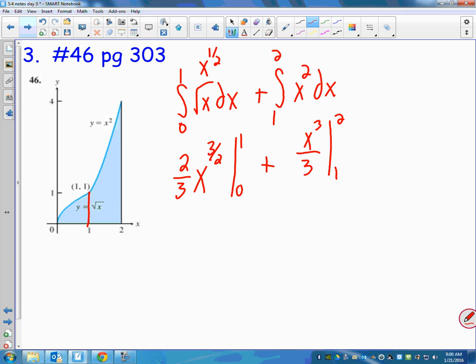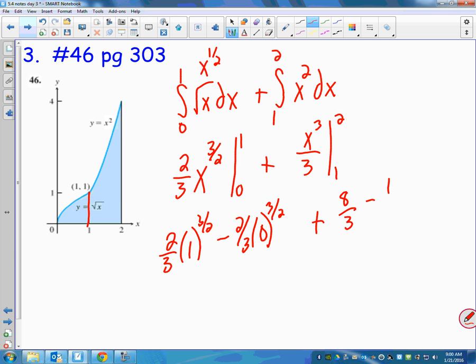So now if I plug that in, I'm just going to get 2/3 minus 0 plus 8/3. And again, I'm fine with you checking this stuff with your calculator, but this is not that hard of arithmetic, and it could be expected for you to do on the test without a calculator.